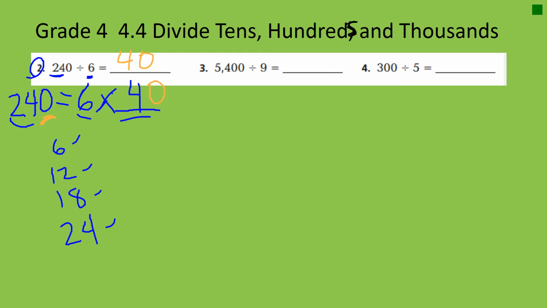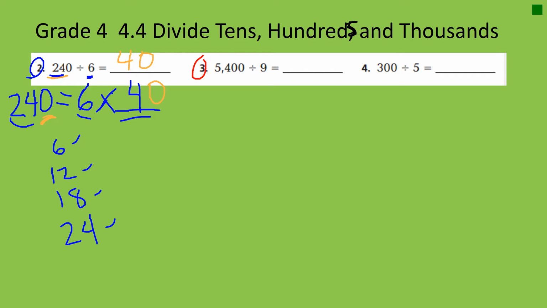In multiplication, you have equal sets of things that you're putting together. In division, you have a big pile of stuff like 240, and you're separating it into equal sets. Okay, so they're the opposite, so you can kind of think about them together.